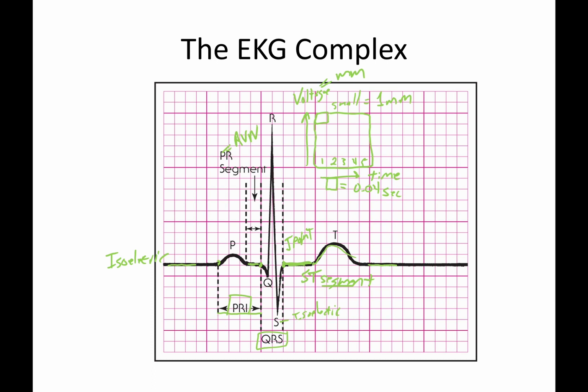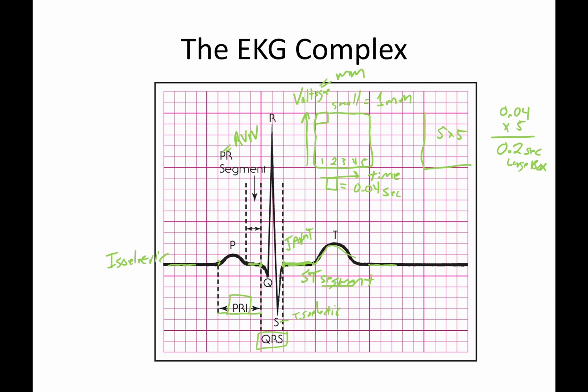Measuring left to right, though, that's time. What's really important is that these large boxes, which are 5 by 5, are 0.04 times 5, so 0.2 second per large box.